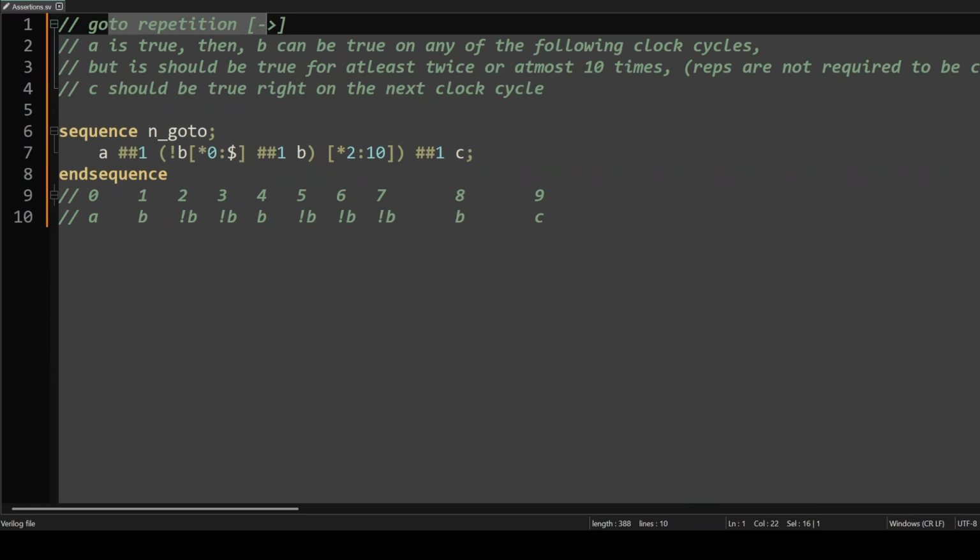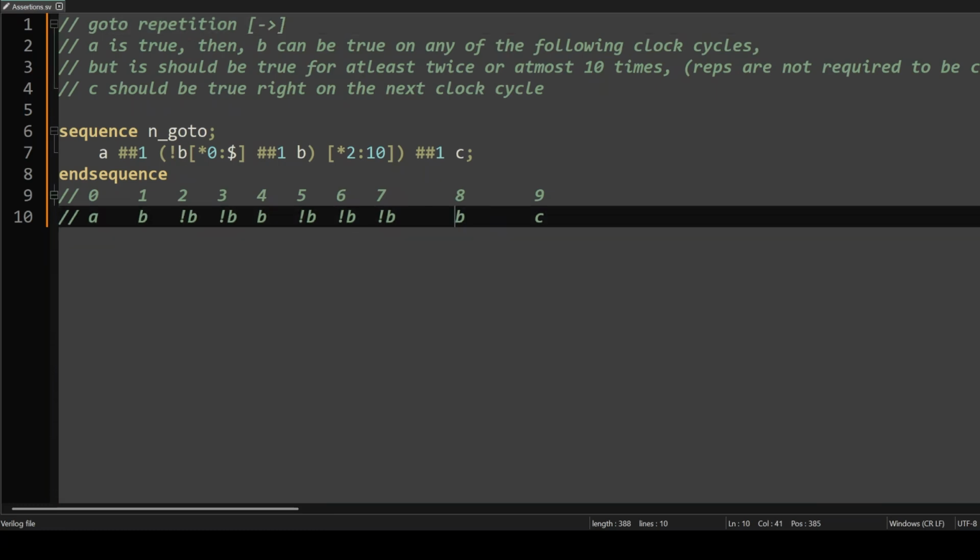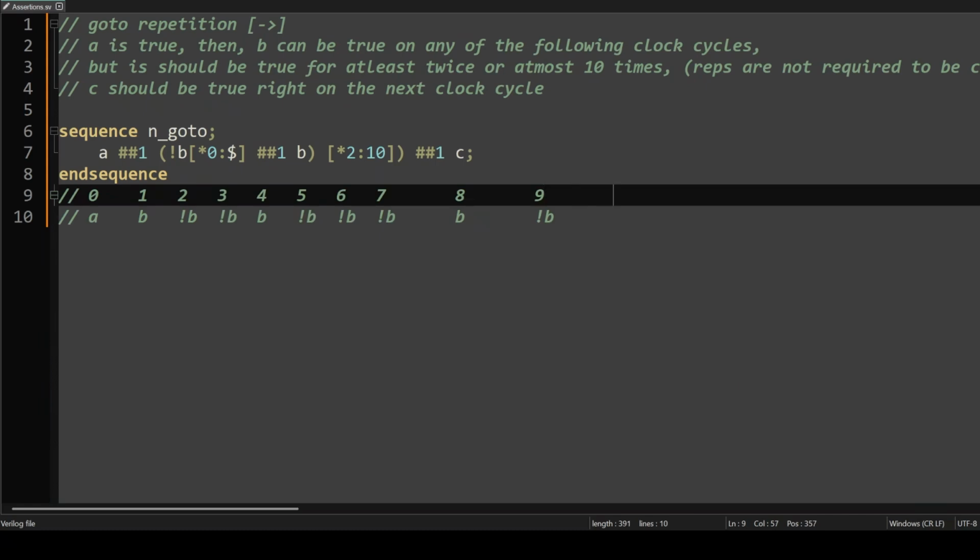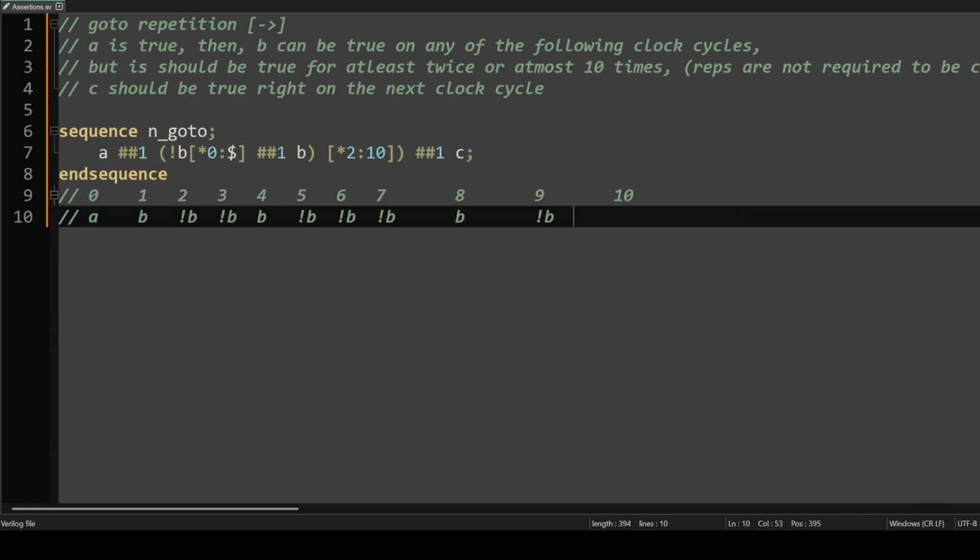So if after the last B is detected, right on the next clock cycle C is true, then the assertion passes, or the sequence passes. Otherwise, let's say on the ninth clock cycle, C is not true and we detected another B equals to false. Then on the 10th clock cycle, we detect C is true.